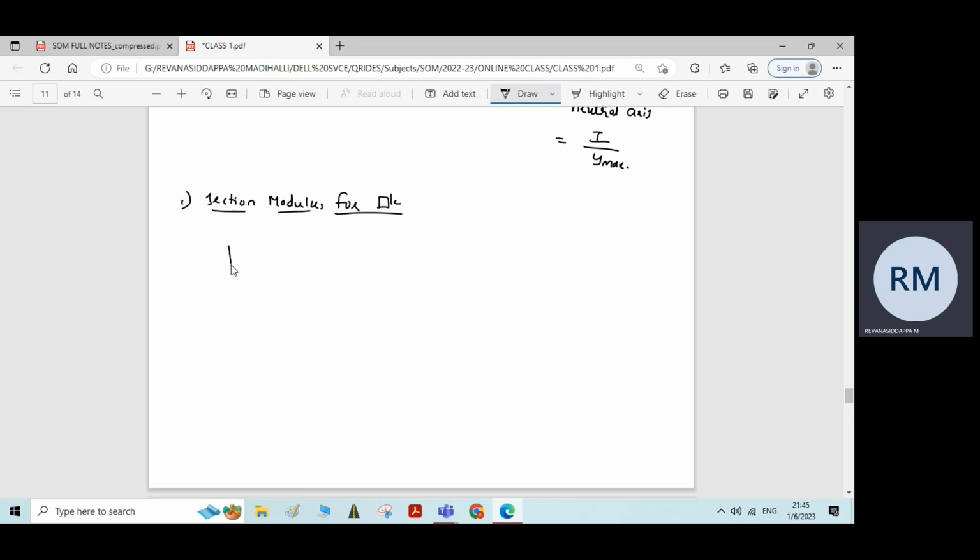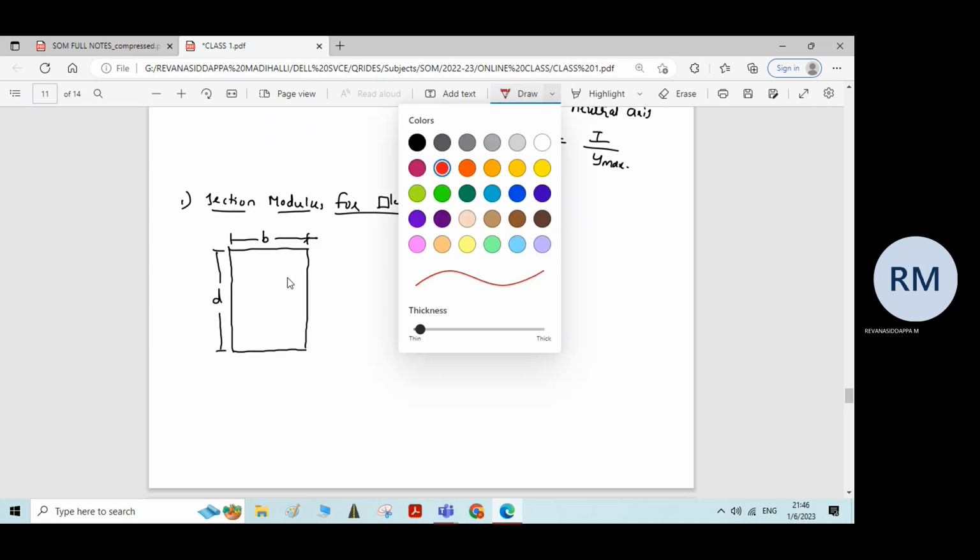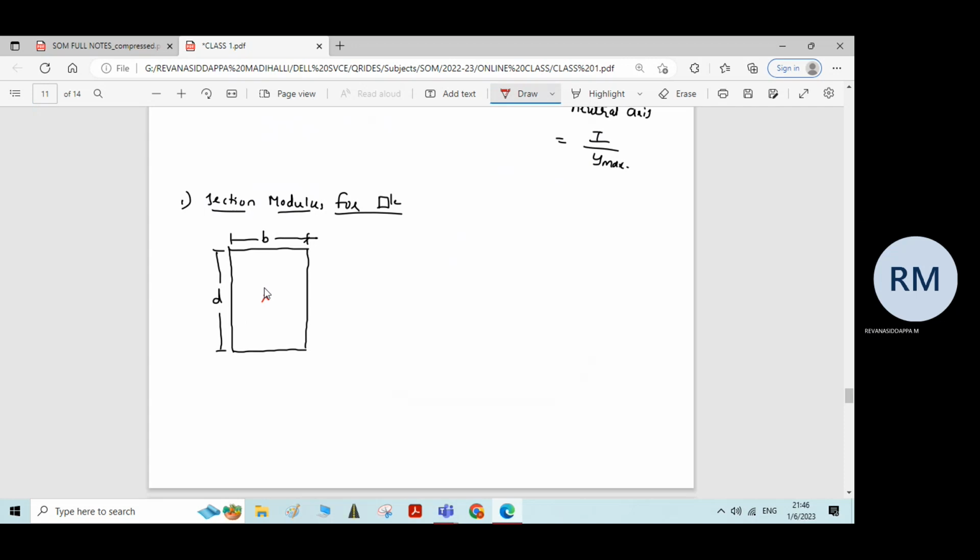Let us take b as the width of the beam and d as the depth of the beam. And let me draw the neutral axis.